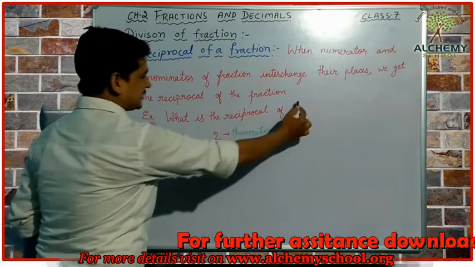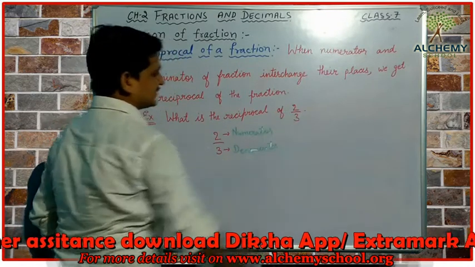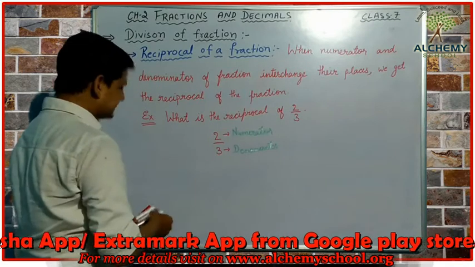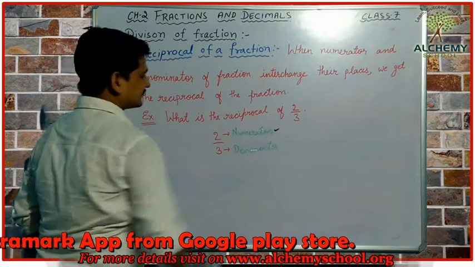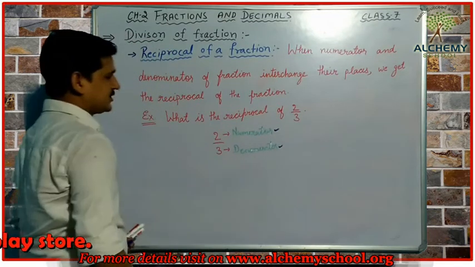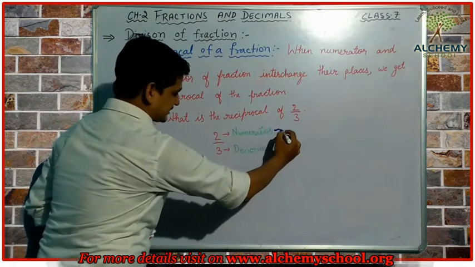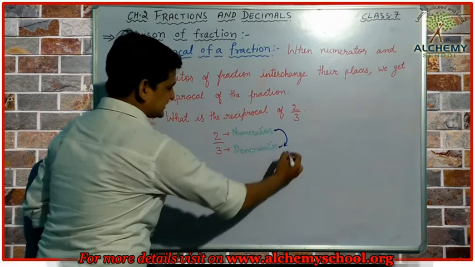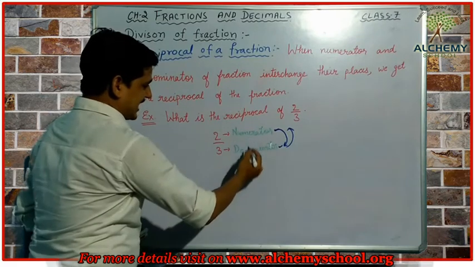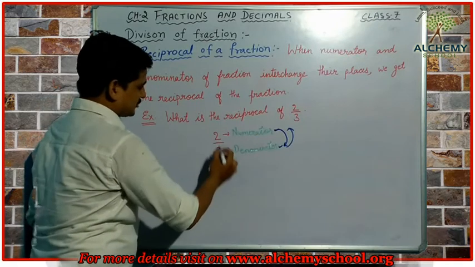I have taken here 2 upon 3, and we have to find the reciprocal of 2 upon 3. In 2 upon 3, 2 is in the place of the numerator and 3 is in the place of the denominator. To find the reciprocal, the numerator will take the place of the denominator and the denominator will take the place of the numerator. So when they interchange their places, we get the reciprocal of 2 upon 3.